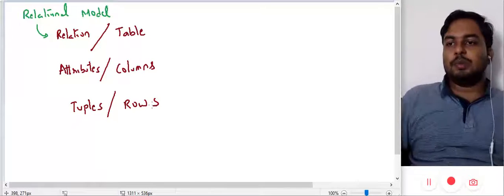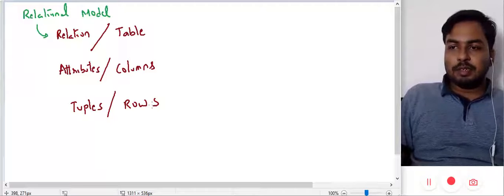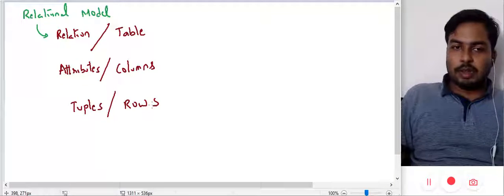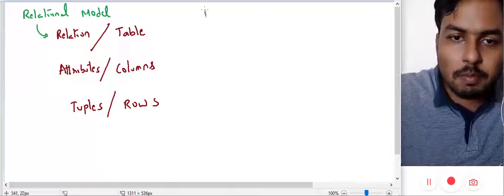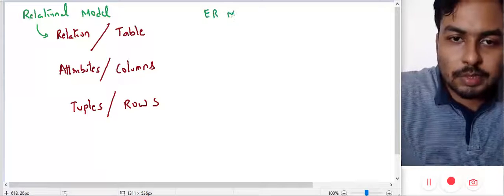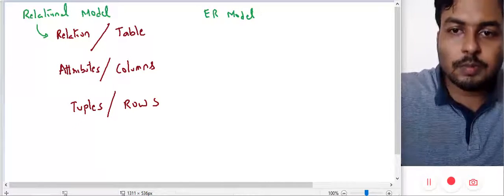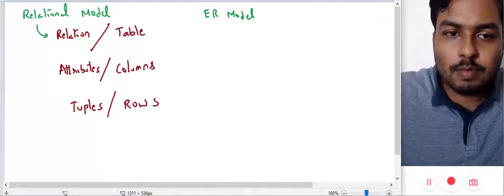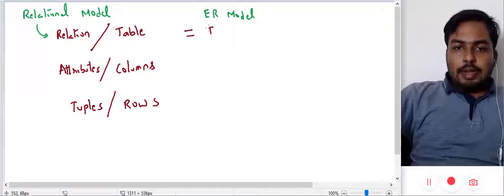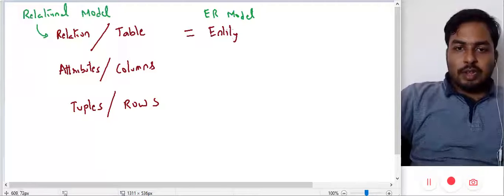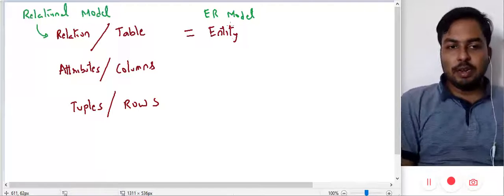So let's compare this with our ER model. In the ER model, an entity is nothing but a table in the relational model.